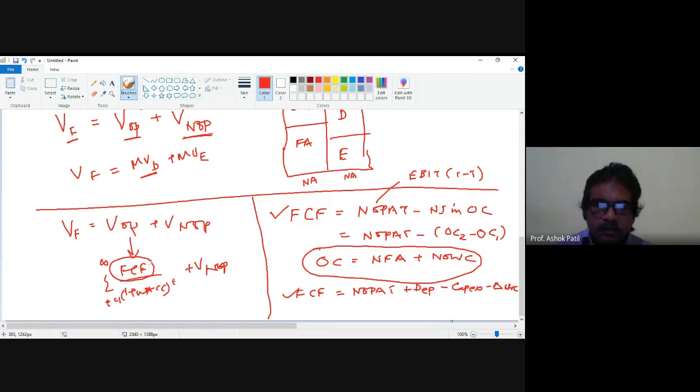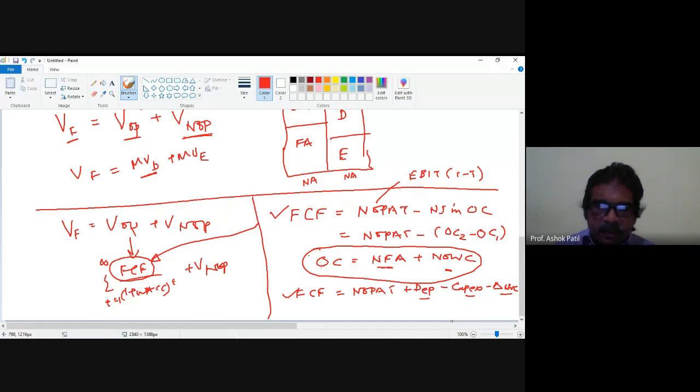So we are talking about this part, right? So we are talking about FCF calculation. Now when we calculate the FCF, we use the NOPAT here, and we use either this formula or this formula. Most of the time, since depreciation values are available, capex is available, easy to calculate, we will use the second formula, because ultimately when you do the OCA, you are actually doing that part only.